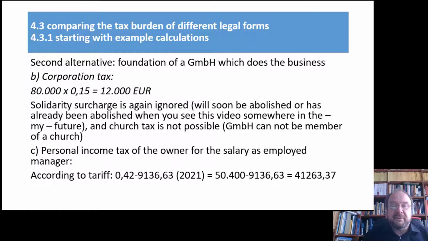That's 41,263 in that case if the owner gets 120,000. Might be a bit lower if the owner can offset free allowances for children and so on, but let's take it plain and simple here.